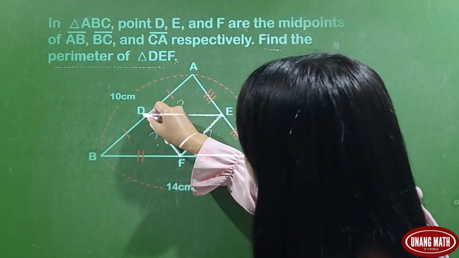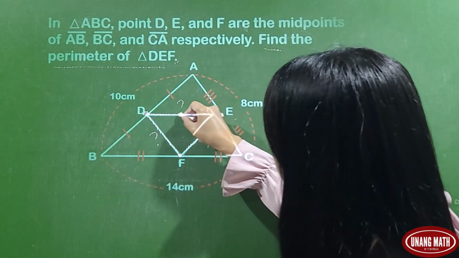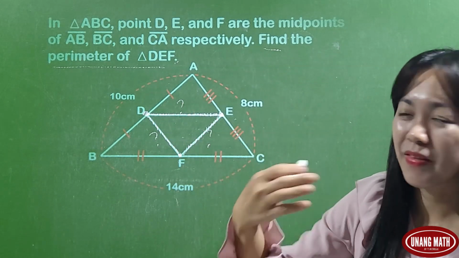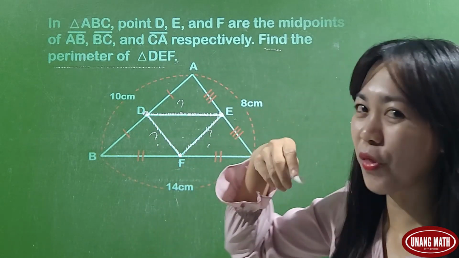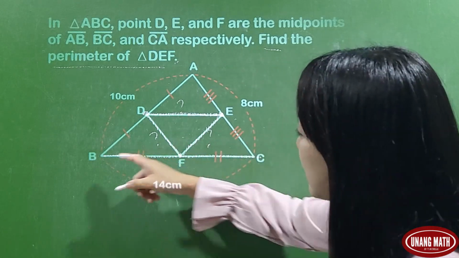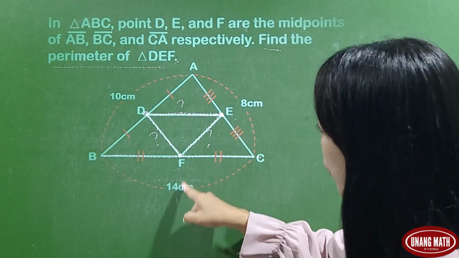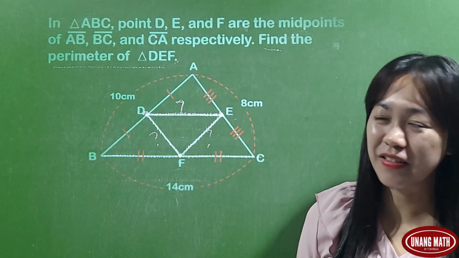Okay, now, this is a midpoint. This is also a midpoint. It means this line is our mid-segment. So this is half the measure of the third side of the triangle, and that is half of this segment BC. So if this is 14, then that means this is 7 centimeters.